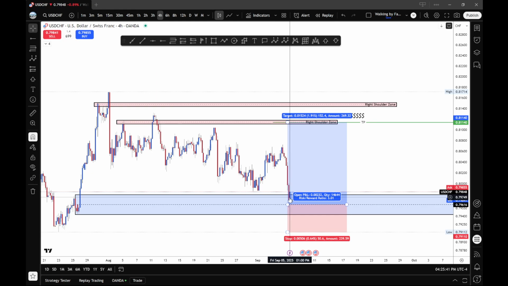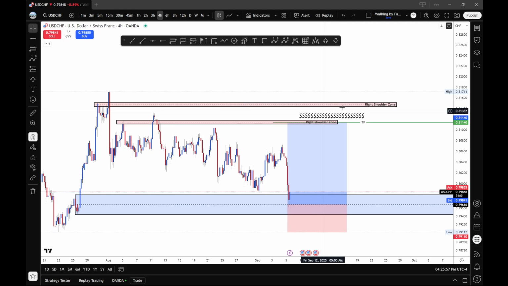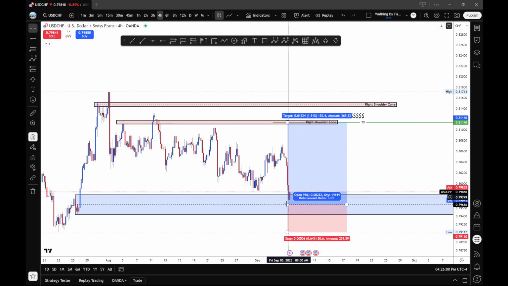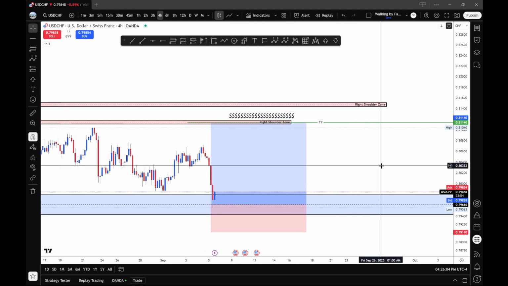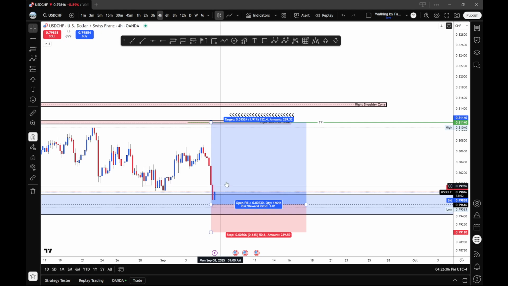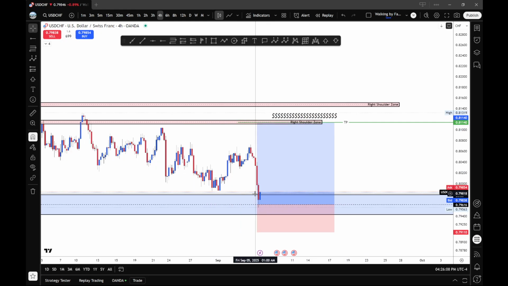I want to see what's going to happen next week when the market opens on Sunday at 5 p.m., and then see how it does Monday and Tuesday before I could see another opportunity to get back into this setup to take it to my TP. Remember, just because we missed this entry doesn't mean we don't have another opportunity to get into it. We just gotta let it set up and give us our setup to get right back into the game to take it to a target, right?